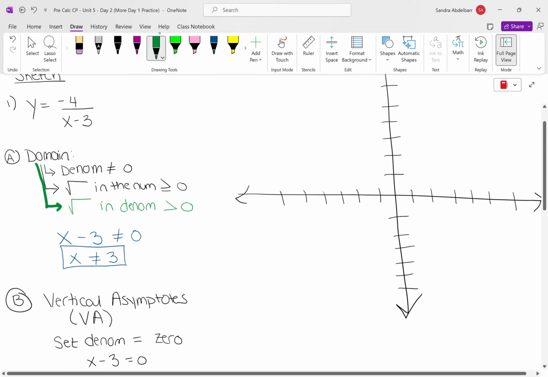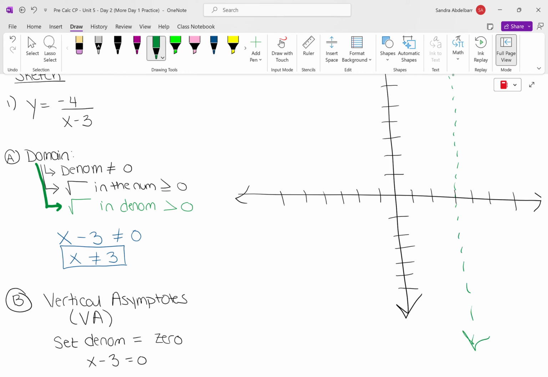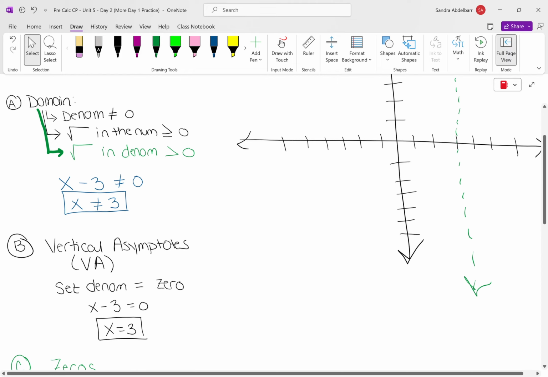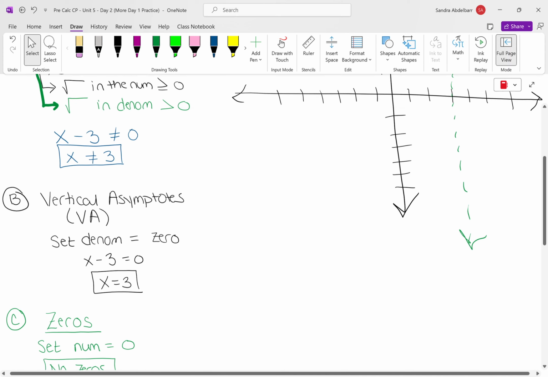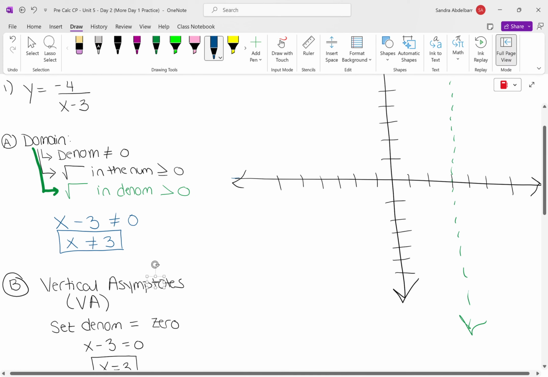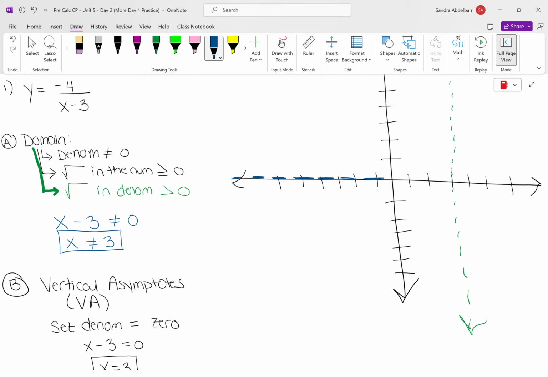So I'm going to go to x equals 3, and I'm going to draw a vertical asymptote. So there's my vertical asymptote. Then I have a horizontal asymptote. What's our next one? Horizontal asymptote at y equals 0. So that's the x-axis, but I'm going to go over it to remind myself that it's there.